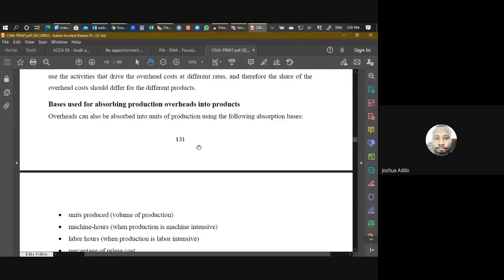And therefore, it will be fair that the overhead cost in such an environment is shared on the basis of machine hours.